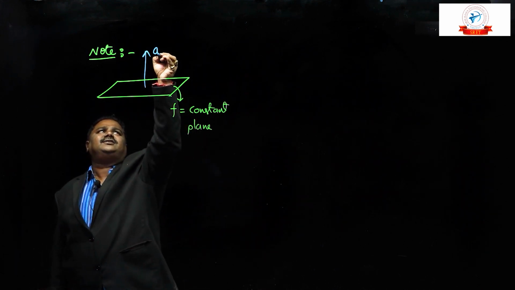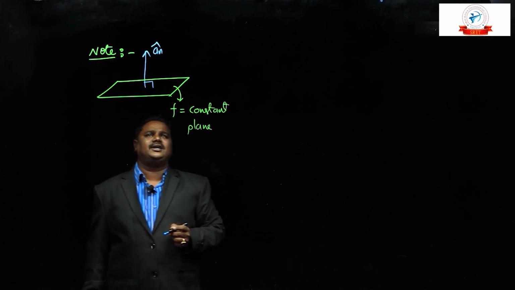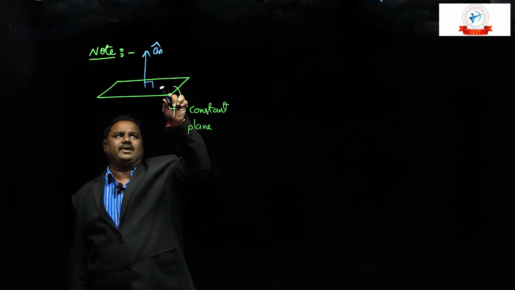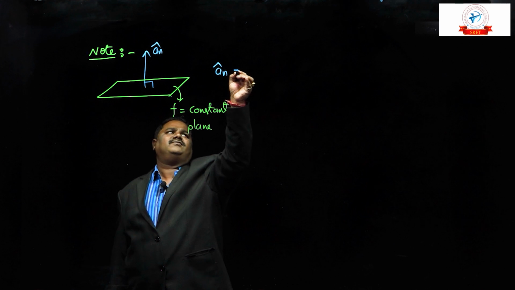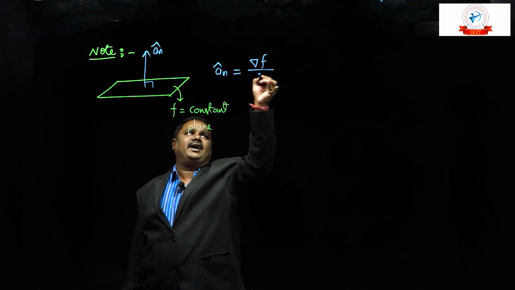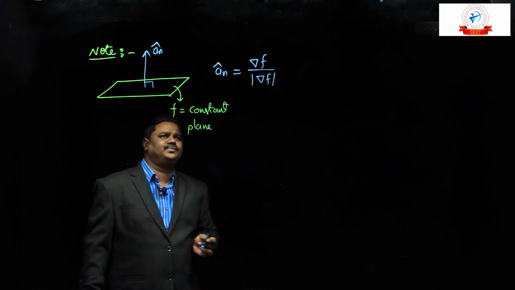The plane direction is always perpendicular to its surface. So n cap is the direction of this plane, and this direction is given by the gradient of f divided by the magnitude of the gradient of f.